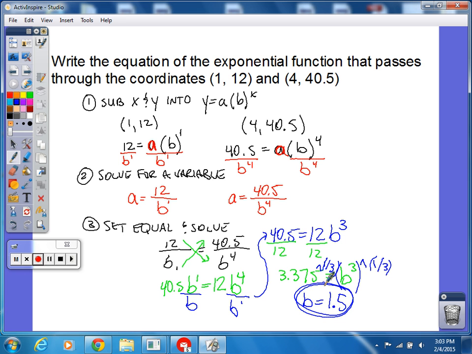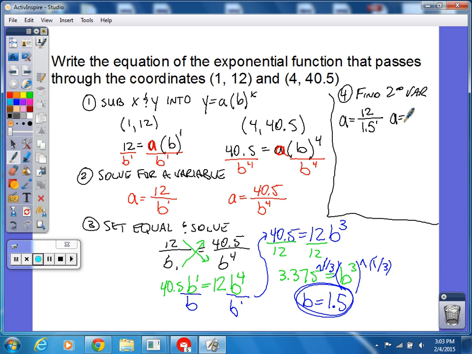That is one of my variables. Okay, the fourth step of this process would be to find the second variable. So I take my b value of 1.5 and I plug it into either equation, either this one here or this one here. And I think the first one looks a little bit easier. So a equals 12 over 1.5 to the first, which means a is going to equal 12 divided by 1.5, which is 8.